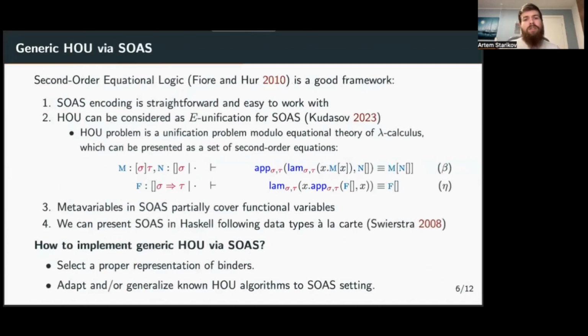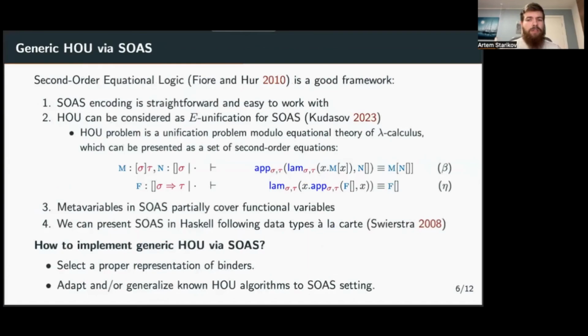Equipping second-order abstract syntax with equational logic, we get second-order equational logic, which we believe is a great framework to do higher-order unification in. Unlike higher-order abstract syntax, for example, second-order abstract syntax is much easier to work with. We also know that higher-order unification can be considered as a special case of equational unification for second-order abstract syntax, since the equational theory of higher-order systems can be presented as a set of second-order equations.